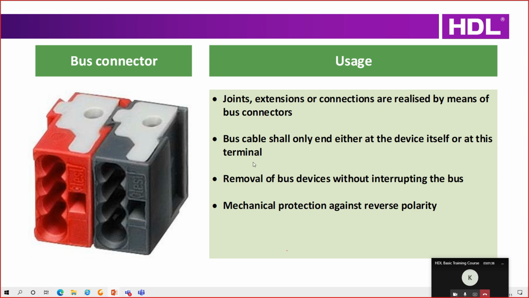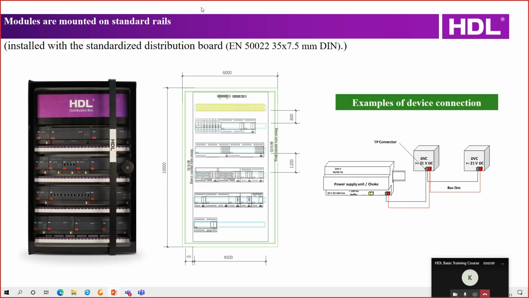And with this connector, you can remove the bus devices without interrupting the bus. And it has a mechanical protection against reverse polarity. And you can see in this picture that all our modules are mounted on standard rails.